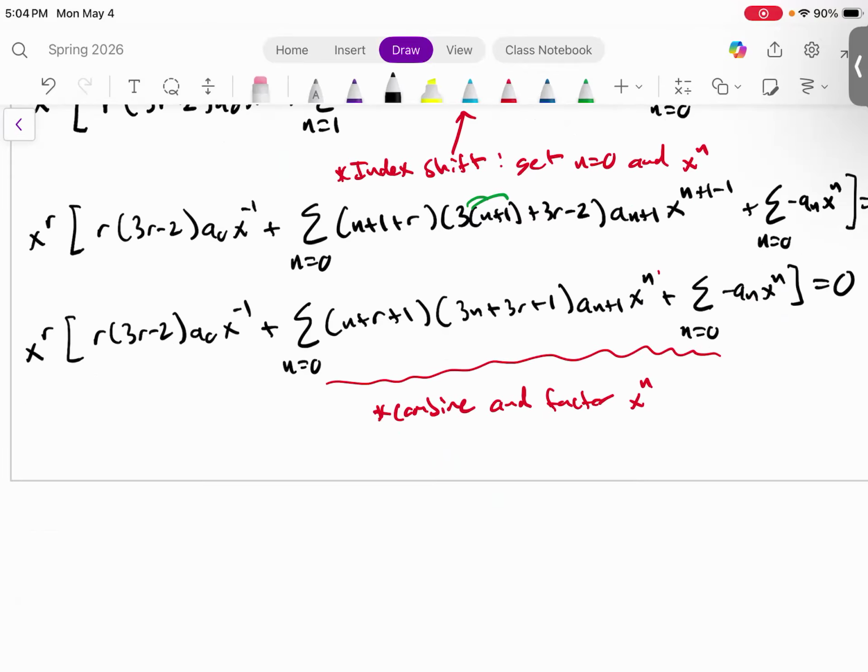So what we end up with is x to the r, brackets, r times 3r minus 2, a naught x to the negative 1 plus the power series n equals 0. All right, we're factoring out an x to the n.